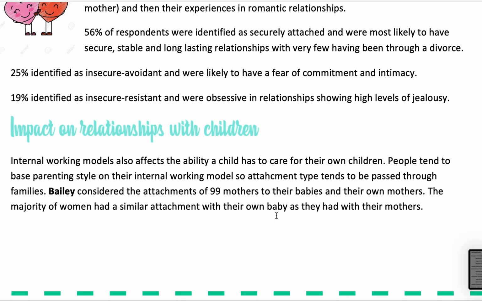The reason being, if your mother's secure, then you're more likely to model that behaviour and have the same understanding of what relationships should be like and have the same expectations and follow those. If your mother is insecure resistant, then you're used to that inconsistent level of care. You're used to your mother being very clingy at stages and then being confused about more hostile behaviour, and then you're likely to model that with your children.